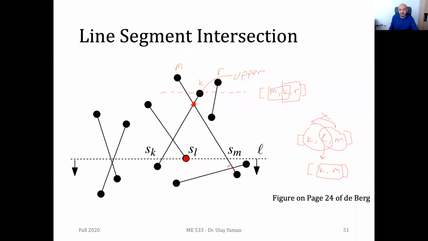So you don't need to store it into the event data structure once you come here. But you need to do the computation, since these two line segments might be intersecting at somewhere here. So you don't know the orientation. So regardless of your initial computations, you should always do checks between the new neighborhoods.